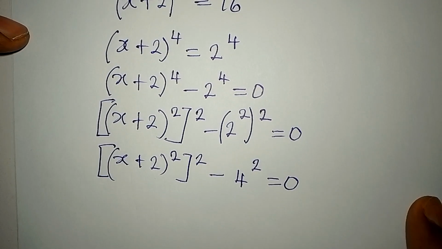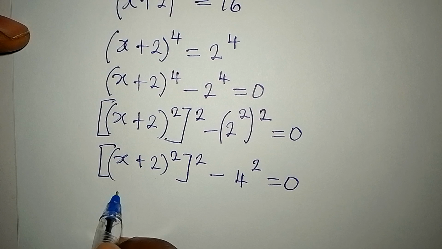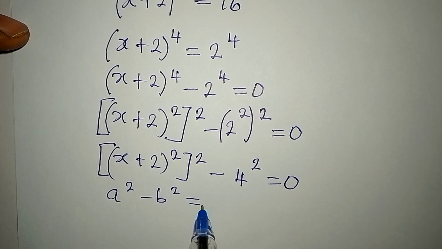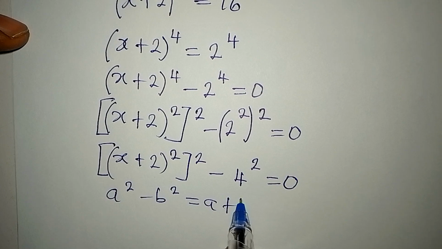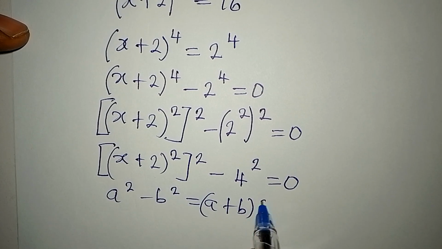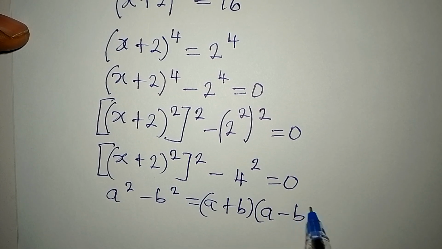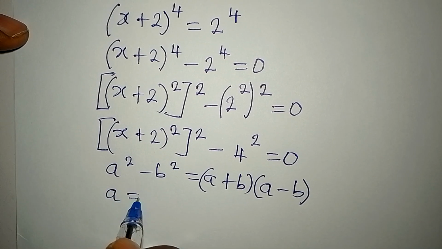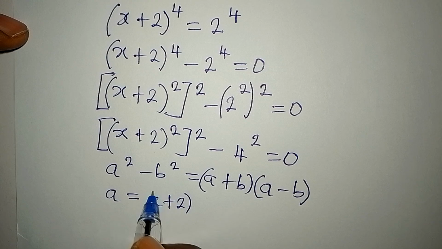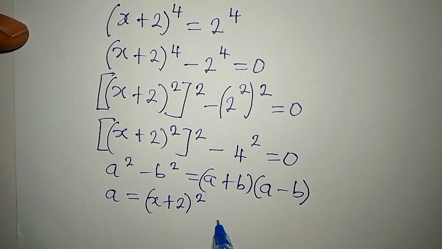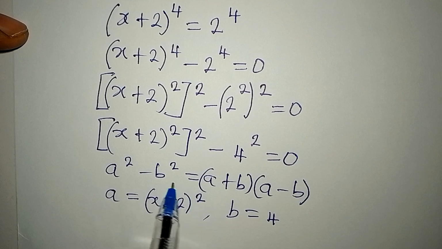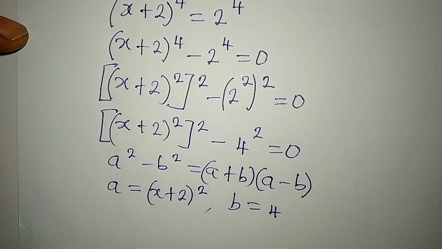Now we can apply difference of two squares. a^2 - b^2 is equal to (a + b)(a - b). And as it is now, our a is equal to (x + 2)^2 and our b is 4. So let's substitute into this.